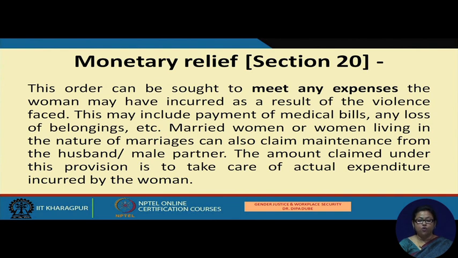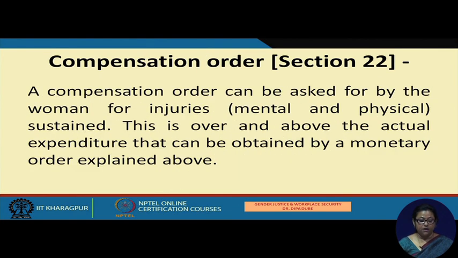So, whatever expenses, whatever loss has accrued for her, and she may not be in a position to meet those expenses, there is the provision that the woman can seek necessary monetary relief under the law, whereby she is able to make good those losses.